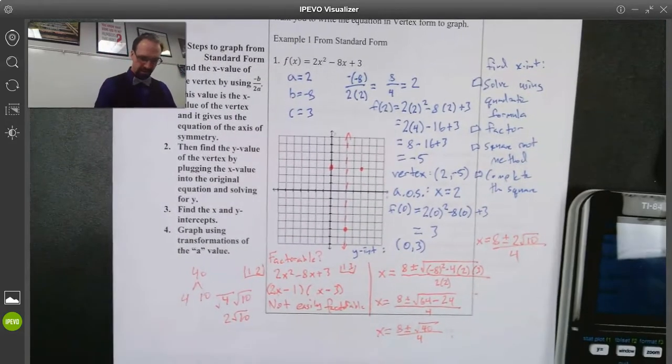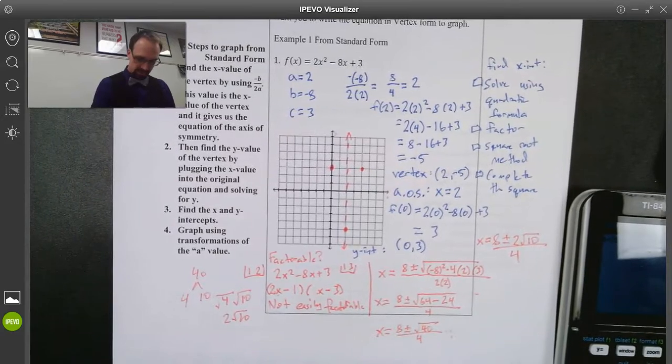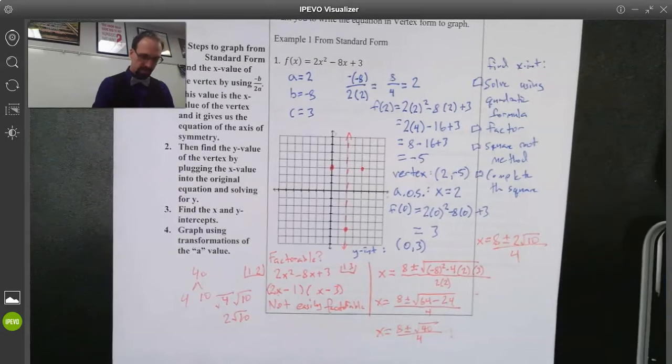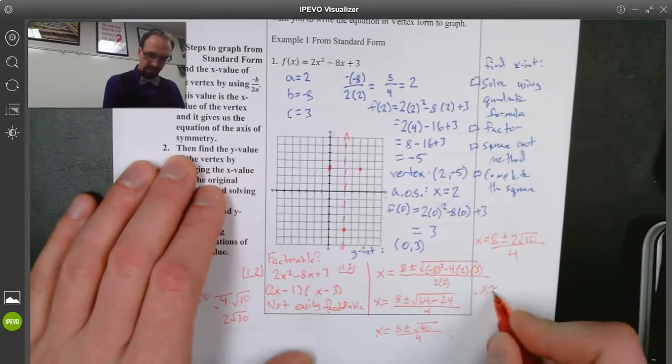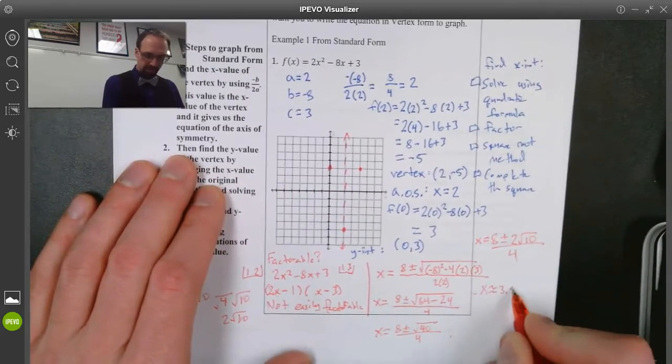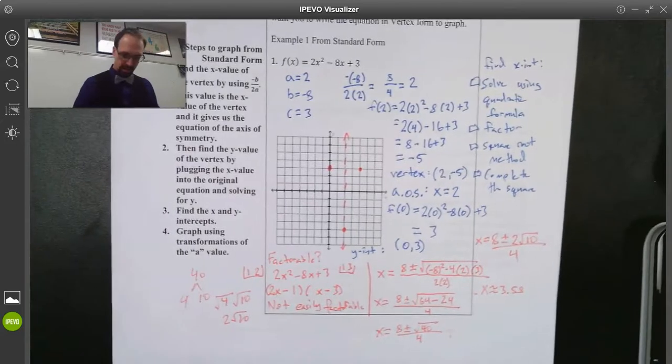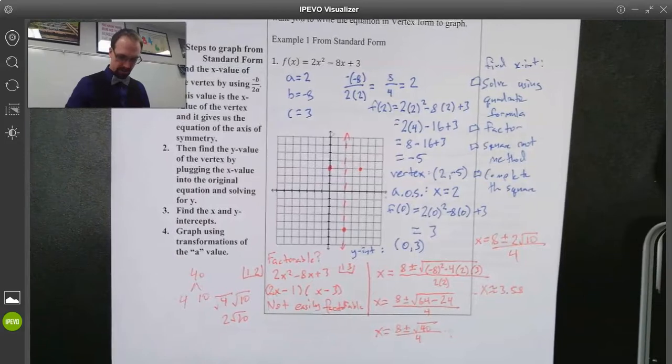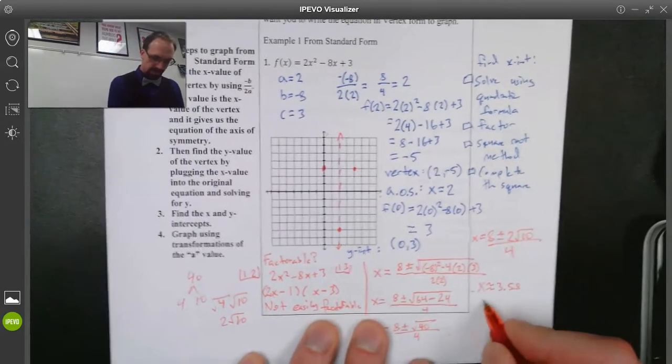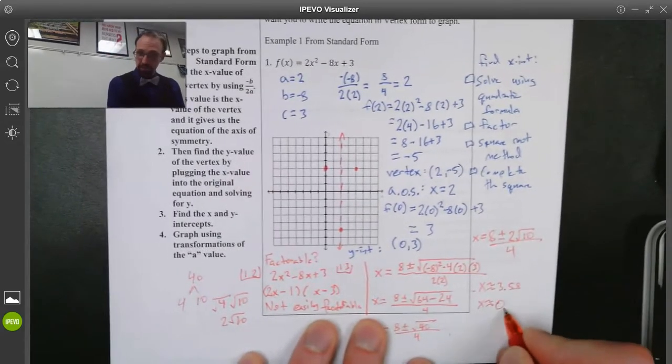So this is going to be 8 plus 2 times square root of 10, and then divided by 4. So I'm going to get x is approximately 3.58, and then 8 minus 2 square root of 10 divided by 4, and x is approximately equal to 0.42.